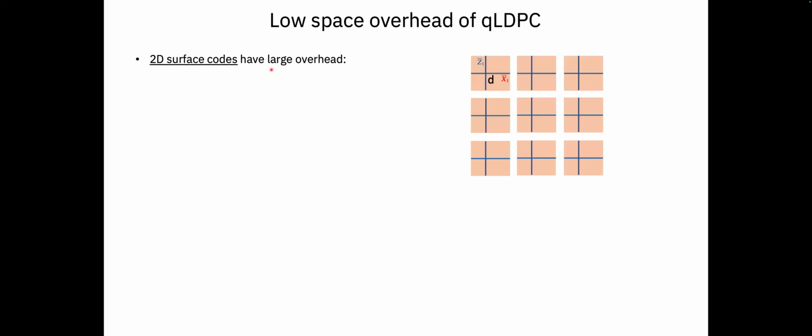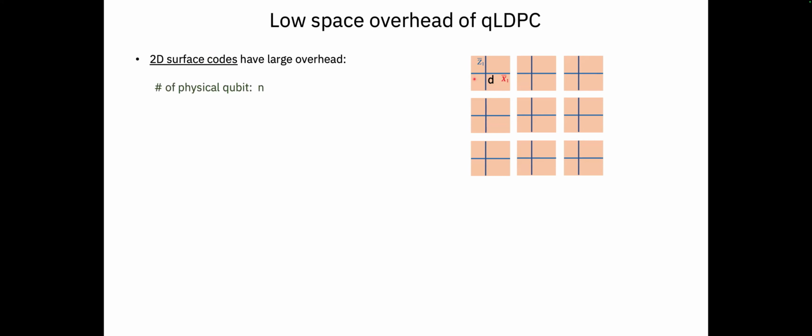The main reason that we are interested in the quantum LDPC code is that it has a very low space overhead. So let's start with the more conventional codes, which are the topological codes. They are related to topological order, and the most commonly studied ones are the 2D surface codes, which are just toric codes defined on a plane with boundaries.